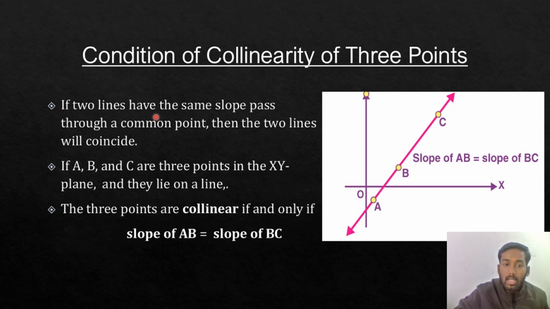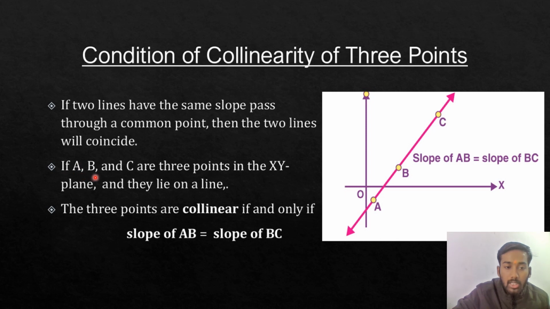If two lines have the same slope and pass through a common point, then the two lines will coincide. Means they are parallel and intersecting at a single point, so they are coincident lines.